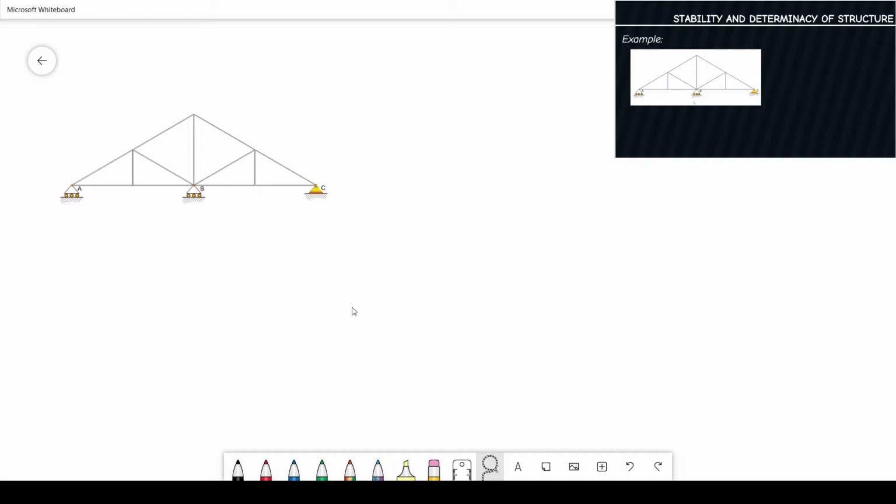Again, we have to use the formula M plus R. We will find pa kung equal, less than, or greater than 2J. In this truss, how many members do we have?